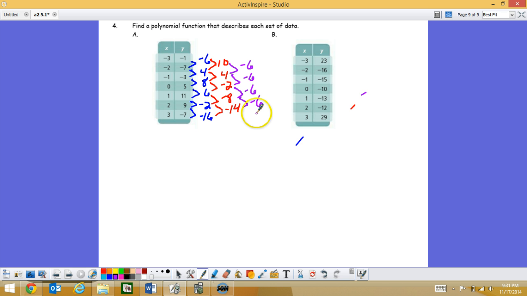So it is this third set of differences that is constant, which means the polynomial which describes this set of data is a third-degree polynomial or a cubic. Think back to a couple of videos ago, we call a third-degree polynomial a cubic. So we're going to run cubic regression when we are ready.